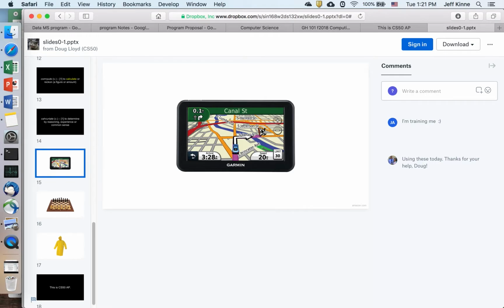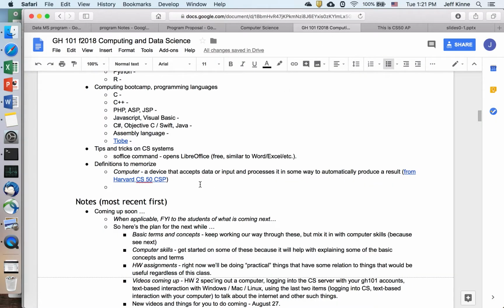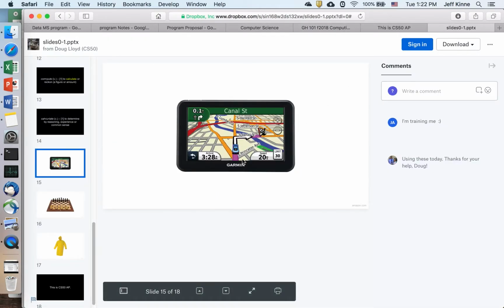There are computer algorithms to do this. Algorithm will be something that we'll have in our list as well of definitions that have to be memorized. For now, we'll take as our working definition a precise way to solve a problem. What are the exact steps?